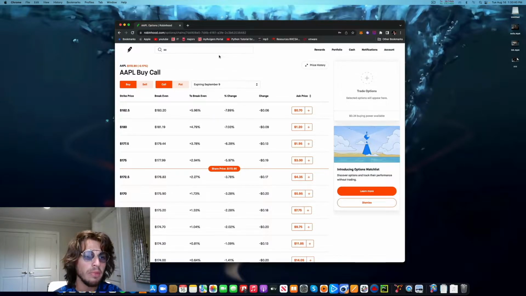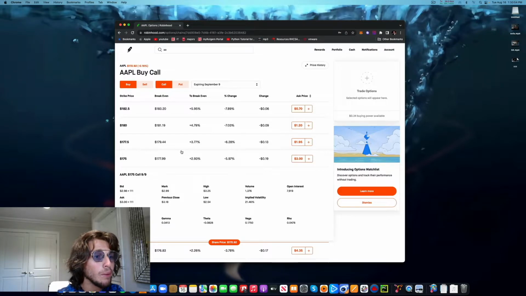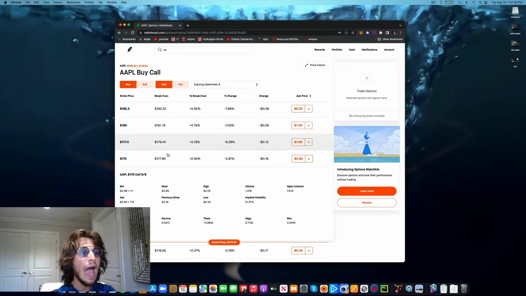Okay, so if you want to buy a call for Apple computers, you basically just pick your expiration date and then you click on one of these contracts here. So right here you have a contract for $175 strike price. And as you can see, the break even for this contract is $177.99.